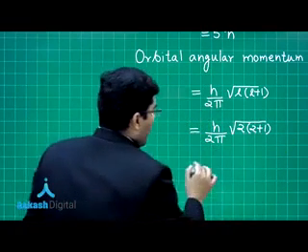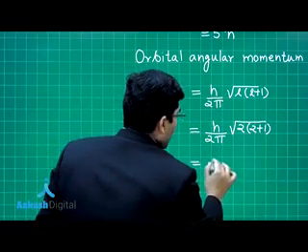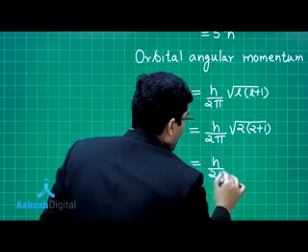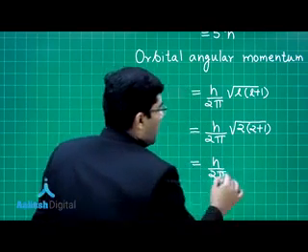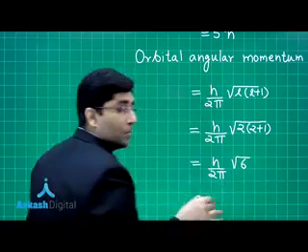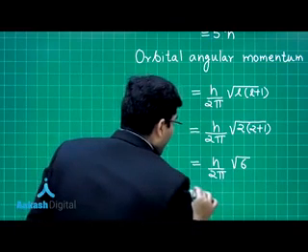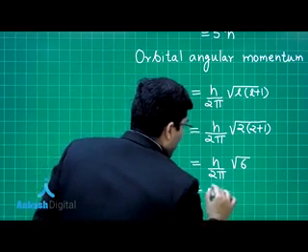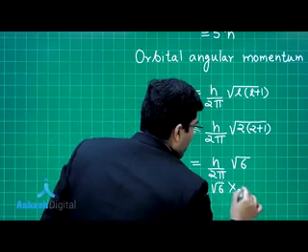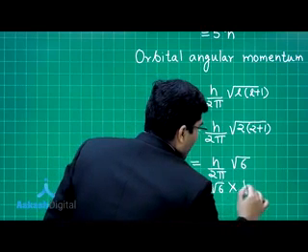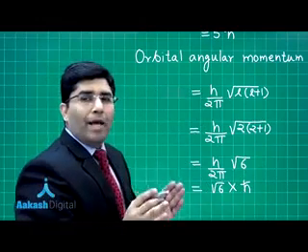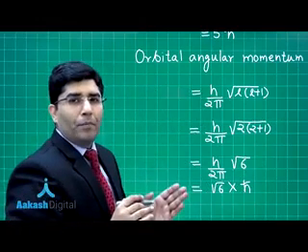So if we further solve it, we will get h upon 2 pi multiplied by under root of 6, and again we can write it under root of 6 into h cross. So this is the difference between orbit angular momentum and orbital angular momentum.